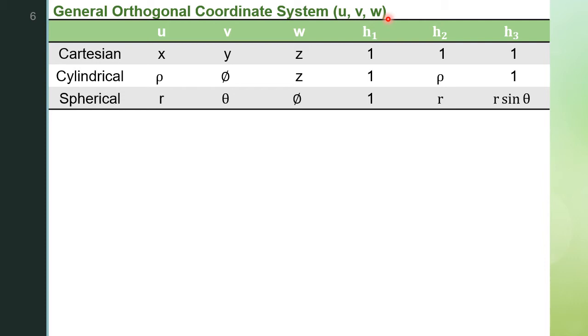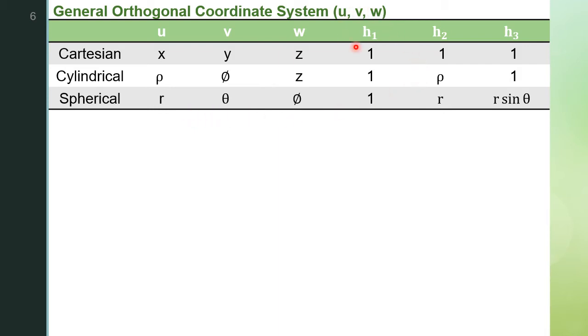Now, what we are going to do is define what UVW is if it is Cartesian, cylindrical, and spherical. So, if we consider Cartesian coordinate system, UVW corresponds to X, Y, and Z. For cylindrical coordinate system, UVW corresponds to rho, phi, and Z. And for spherical, it is r, theta, phi.